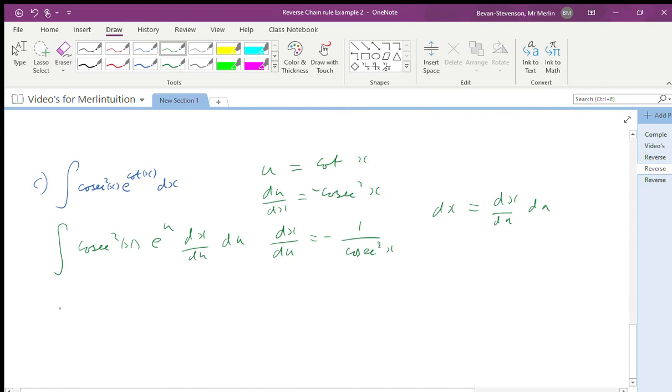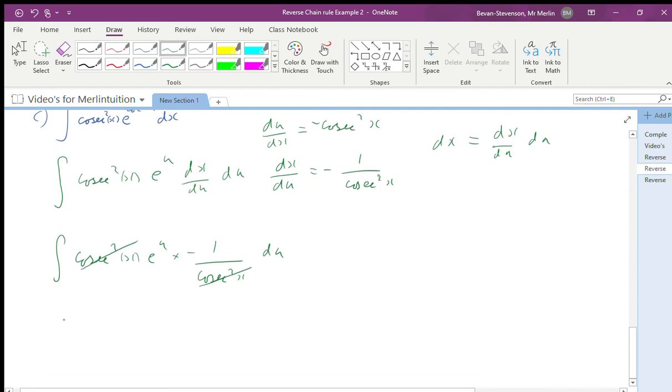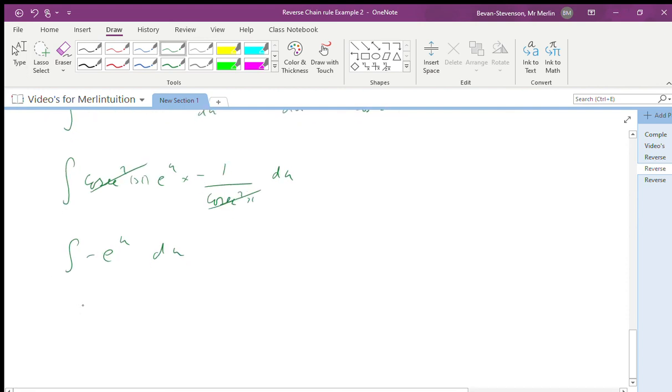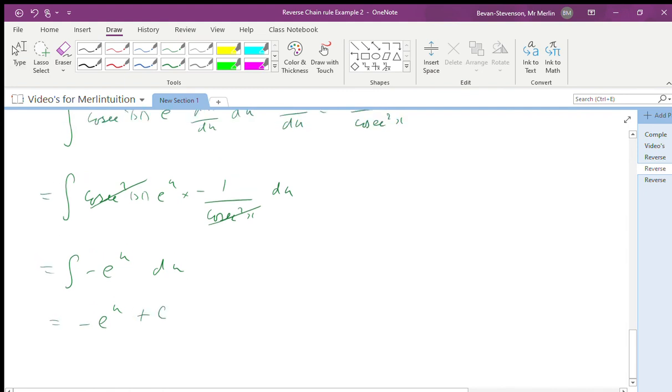Substituting that in, we have the integral of cosec squared x e to the u times minus 1 over cosec squared x du. Again, these cancel, so it is the integral of minus e to the u du, which integrates to minus e to the u, plus c.